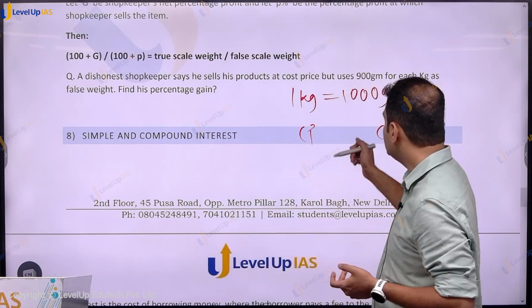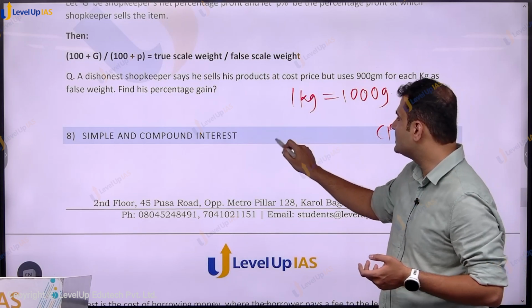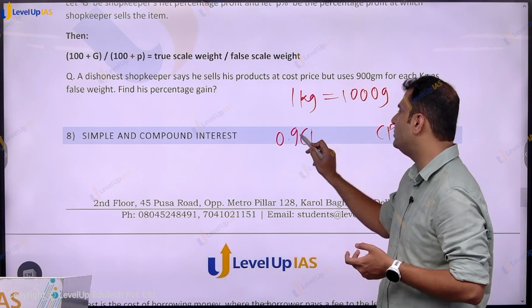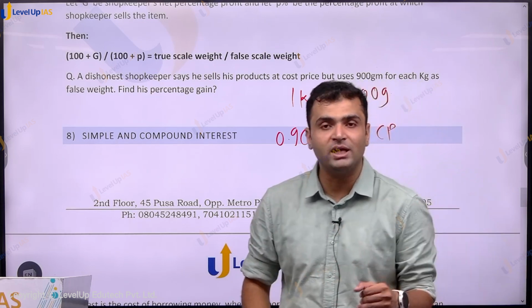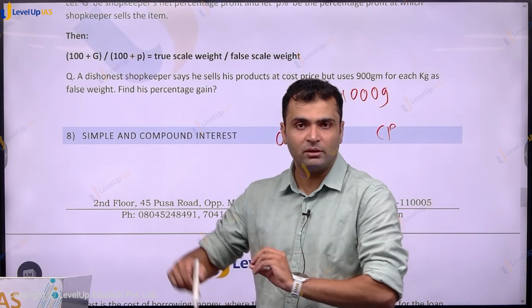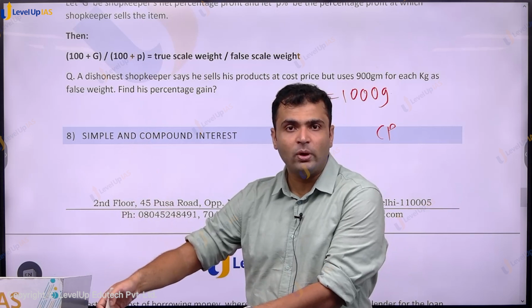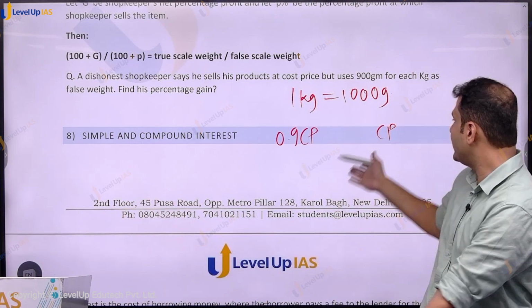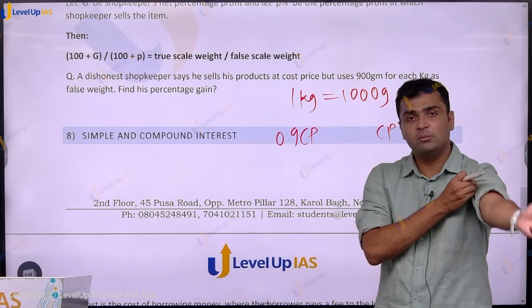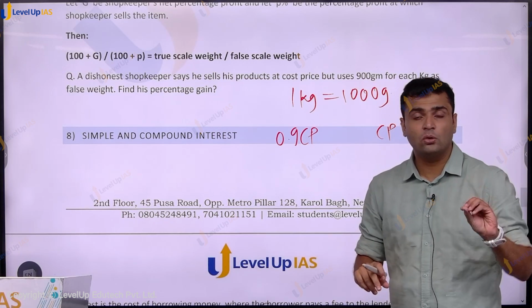So the cost price for every 1 kg he sells is actually 0.9 times CP, because he is not selling 1 kg, he is only giving 900 grams. उसको तो बस 900 ग्राम का ही पैसा पड़ा है ना, 100 ग्राम तो उसके पास पड़ा हुआ है. So his cost price is actually only 0.9 CP, and his selling price is pretty much CP, because customer से तो वो 1 किलो का पूरा पैसा ले रहा है.